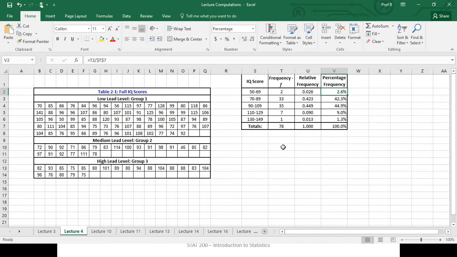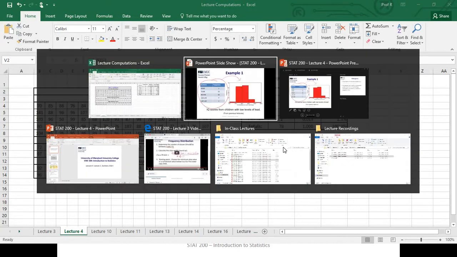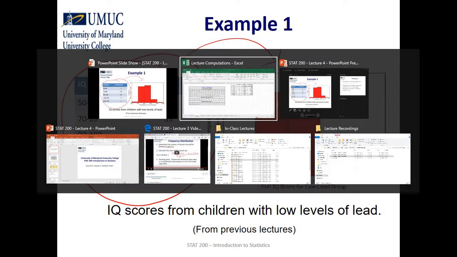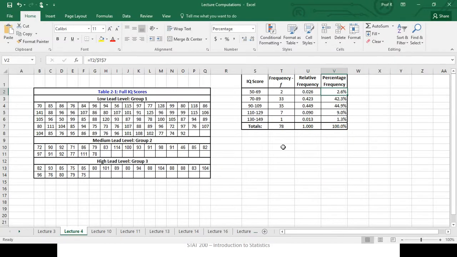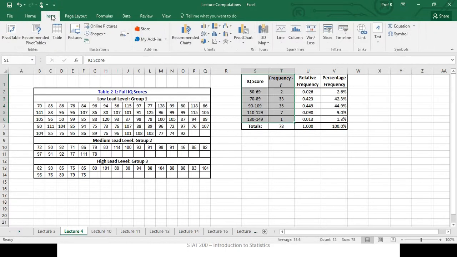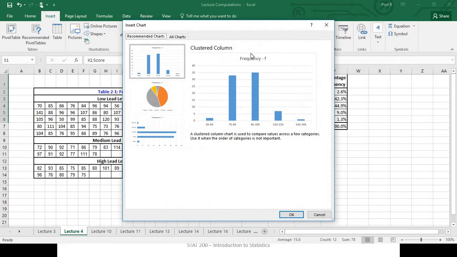All right, so how can we create the histogram here from this information here? Well, it's actually really simple. If you have this information, we'll just highlight our classes here, and then our frequency counts here. We're going to go to Insert, and we're going to insert a chart. Okay, let's see what kind of chart we want.